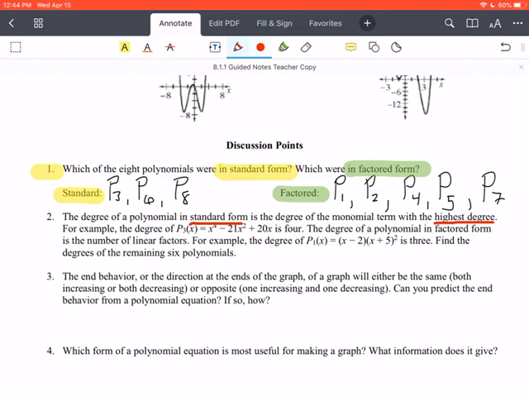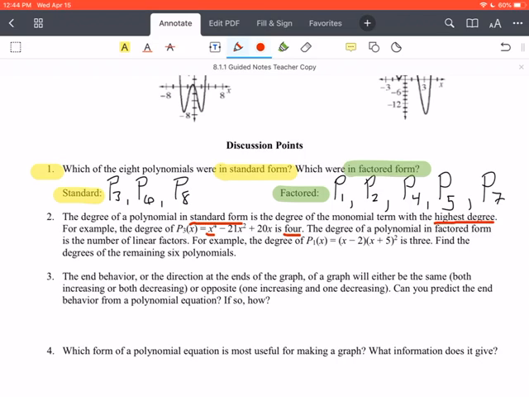So for example, they're giving us an example looking at polynomial 3. They said if our equation is x to the 4th minus 21x squared plus 20x, the degree is said to be 4. Now don't just always look at the first term because sometimes the exponents aren't written in descending order.